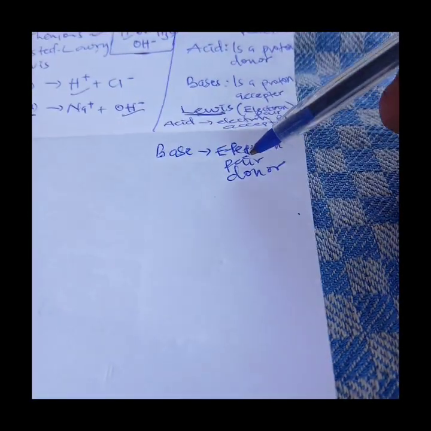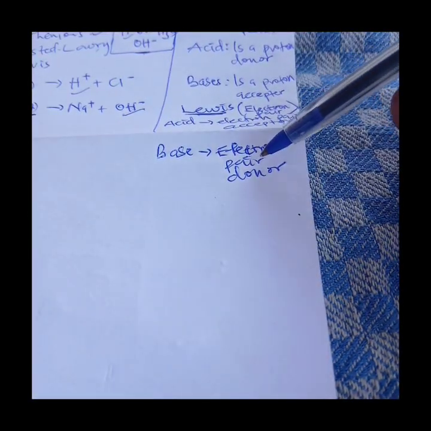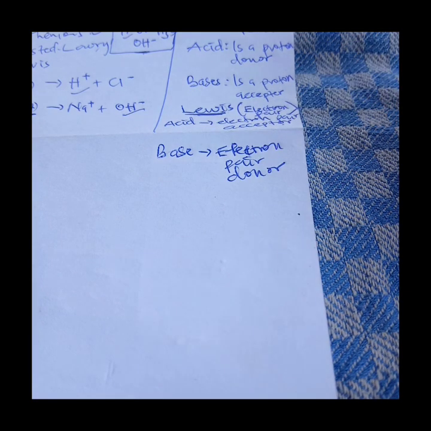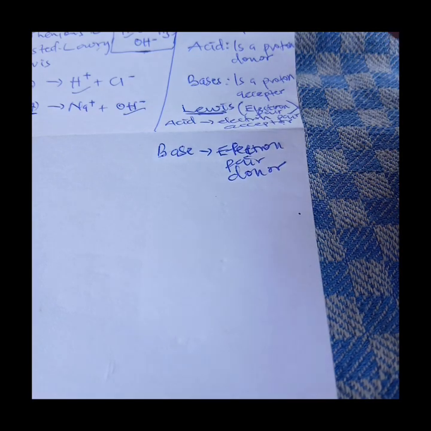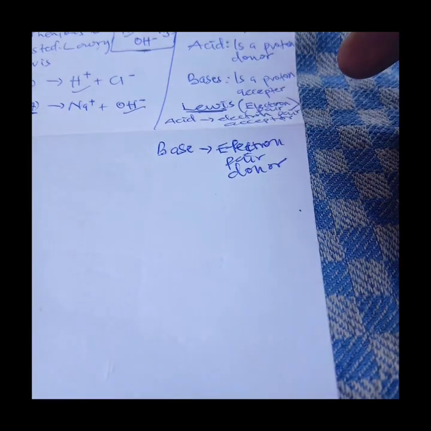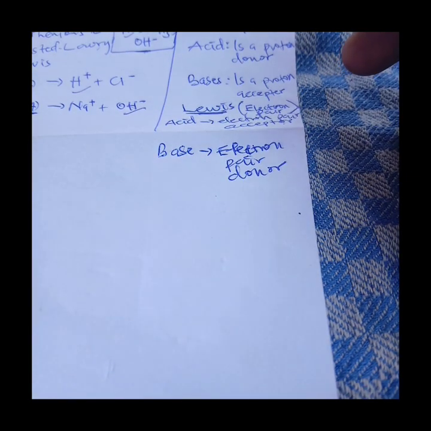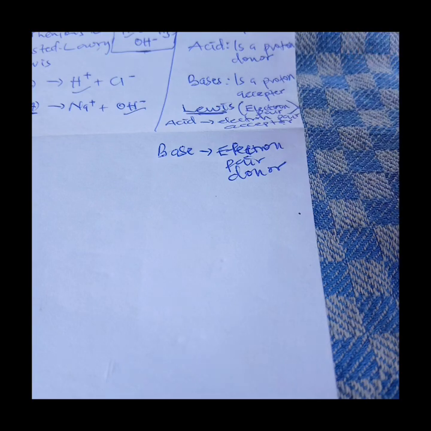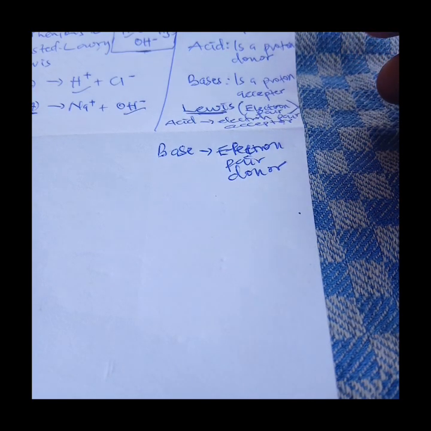Once a substance is able to donate an electron pair, it is termed a Lewis base. So we will try to use this understanding to fish out substances when they are mixed up, as to whether they are Lewis acids, Bronsted-Lowry acids or bases, or Arrhenius acids or bases.